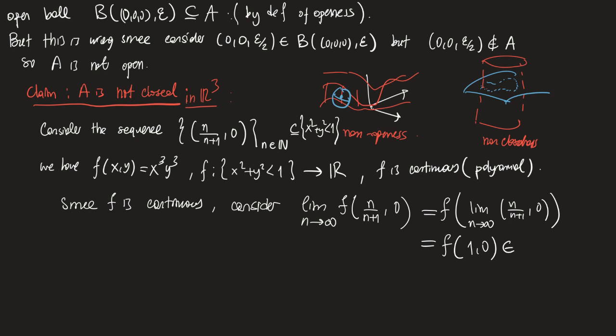This should be in the graph, but it is not in the set A. So it shows that A is not closed, because it does not contain all its limit points. More explicitly, each of these image points is in the set A, but when you take the limit, this limit point f of (1, 0) is not in the set. It means that it cannot be closed. So A is not closed.